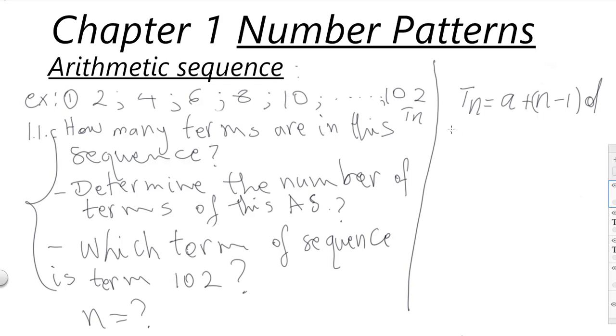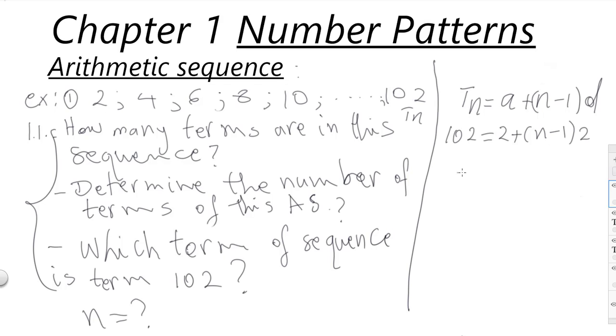So Tn is 102. Your first term will be 2, and the common difference is also 2. Now, I'm going to pause the video, try to solve, then you come back. Thank you.